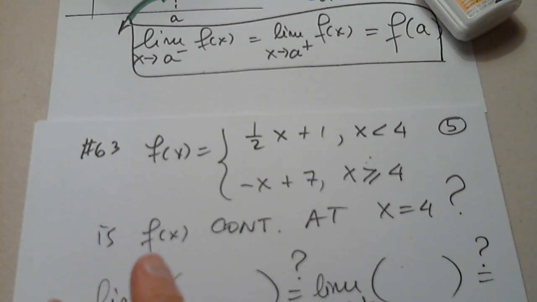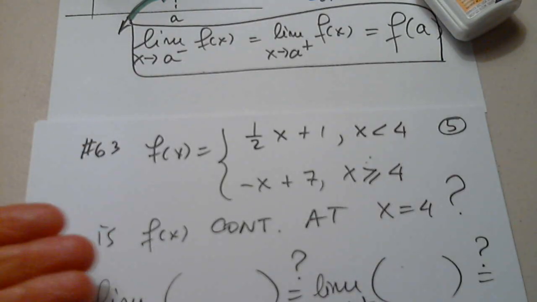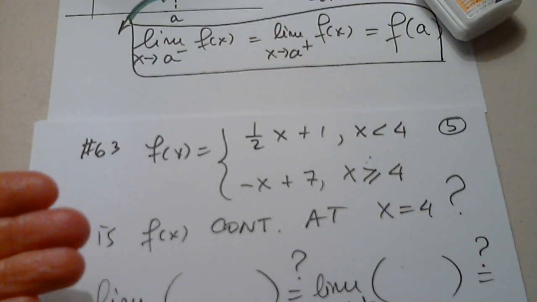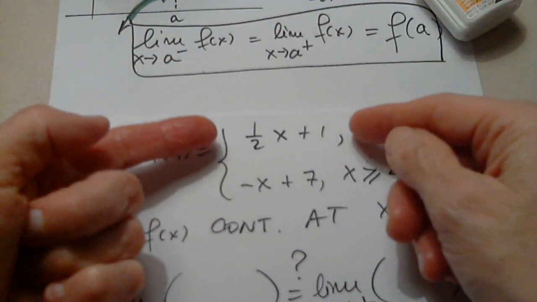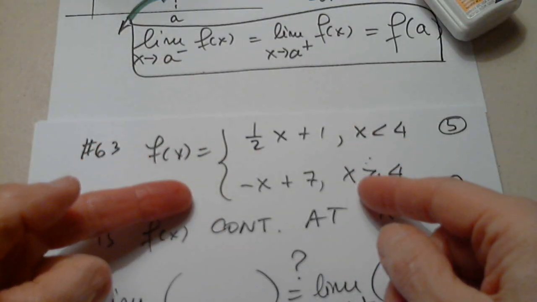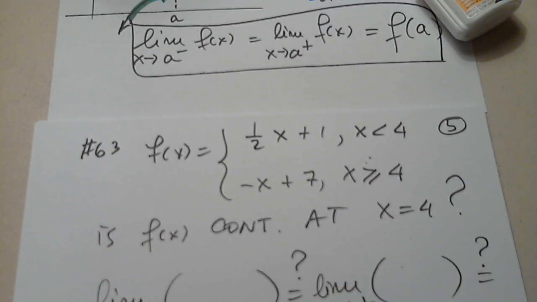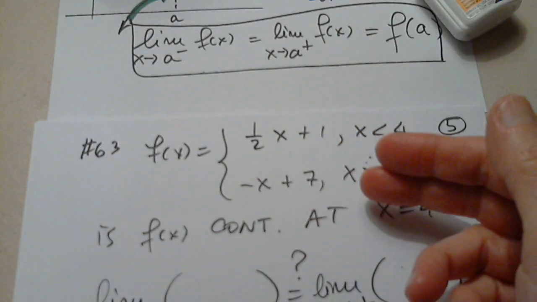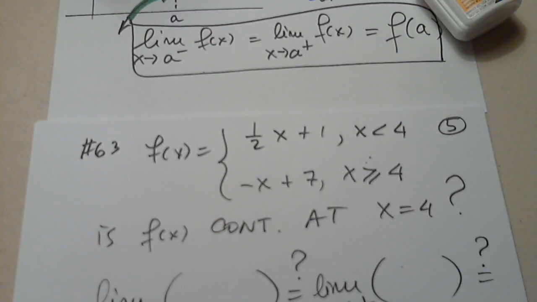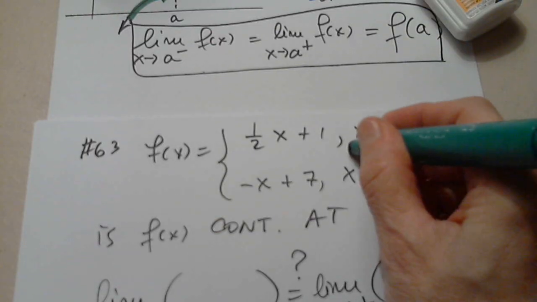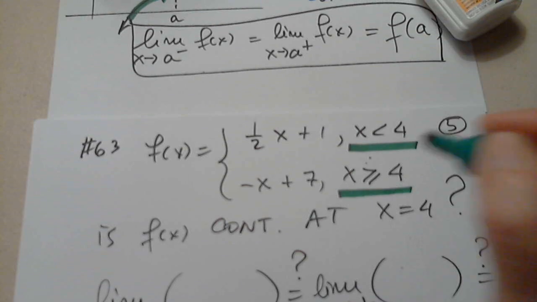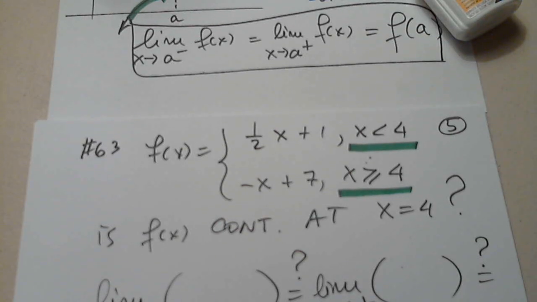Now, the limit as x approaches 4 from the left, with numbers smaller than 4. I have to pick the exact branch, not both, exactly the one that has x approaching 4 from the left. Is it the top or is it the bottom? And you can say, how do I know? You only have to look here, and then you will know.